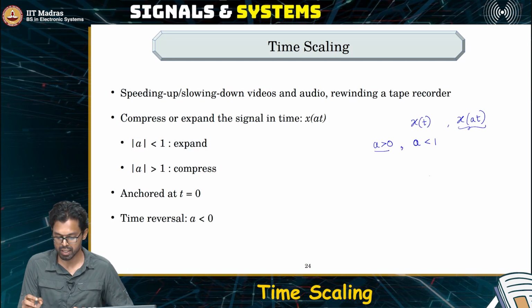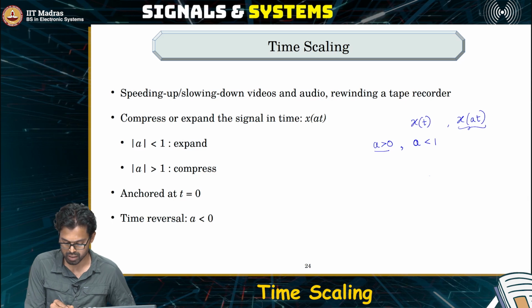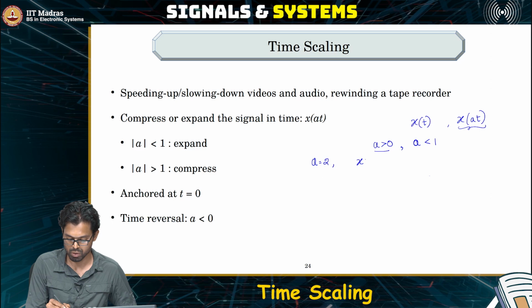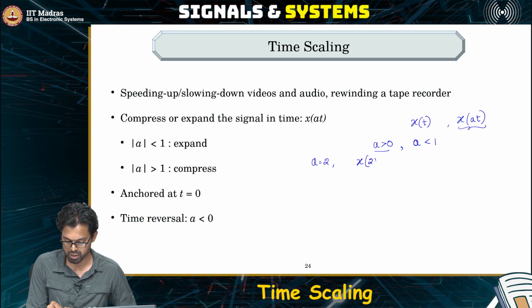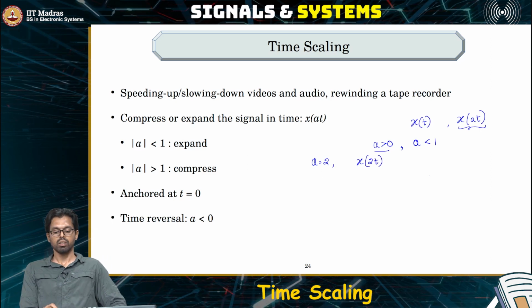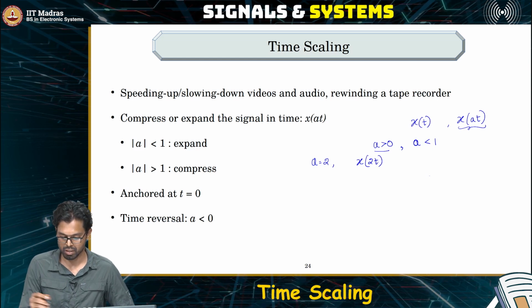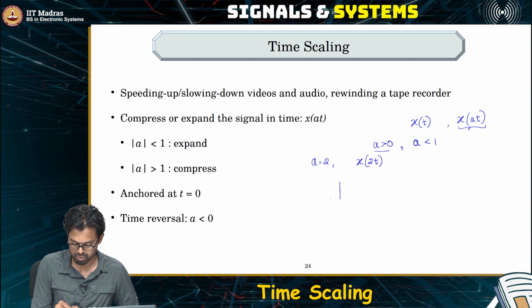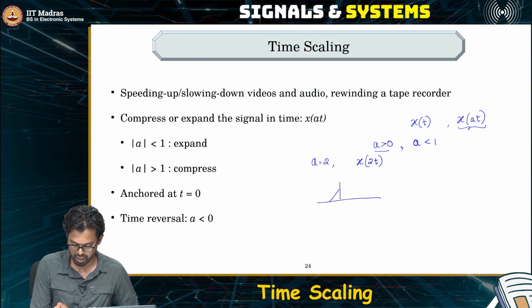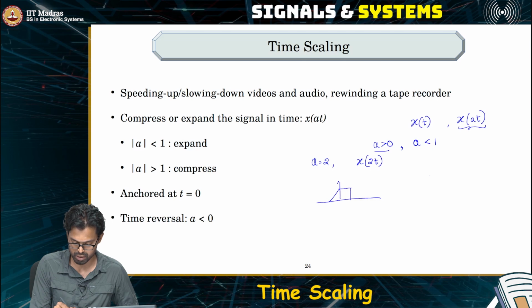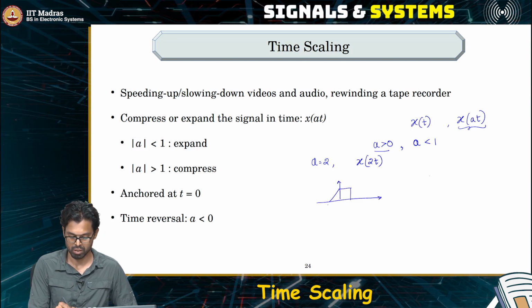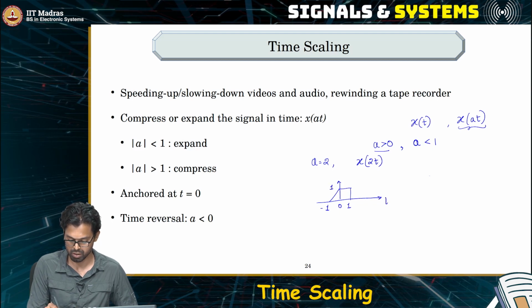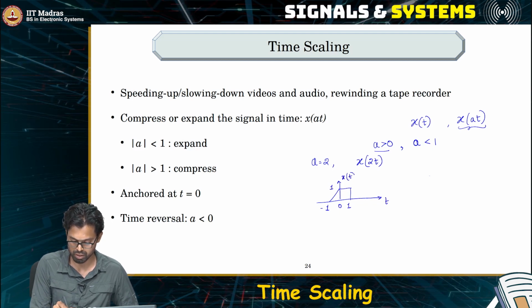So what happens in this case? Let us take for an example a is equal to 2. Then what happens to x of 2t? Let's say we had a signal that looked like this: this is minus 1, 0, 1, this is t, this is x of t.